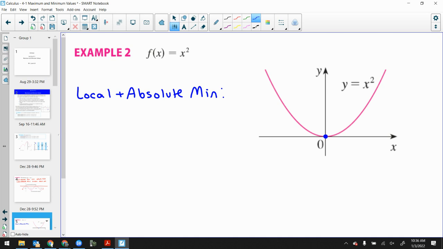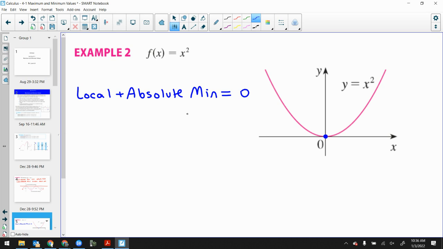Now, hold on a sec. I think I have to go back to my last problem. I'm going to finish out this one, and then I want to clarify what I said on the last problem. The local and absolute minimum value. Where does it occur? At 0. What is the y value? 0. So the local and absolute minimum value equals 0.